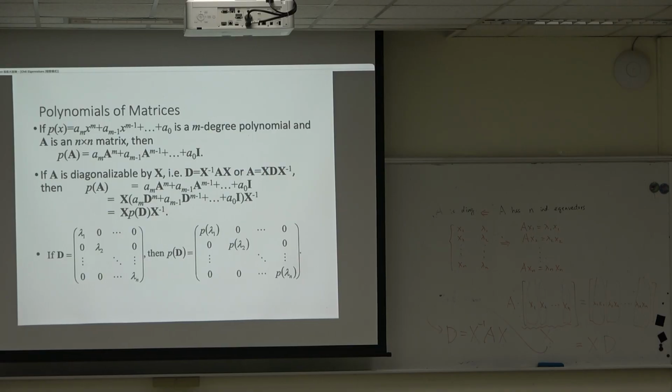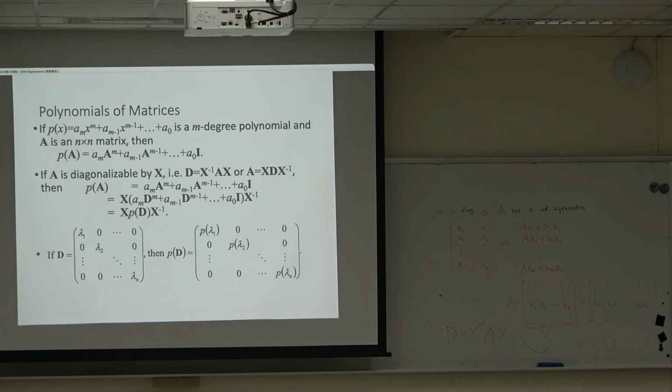And you will be surprised to find that X inverse and X cancel out. This cancels out, this cancels out, this cancels out. So effectively, it becomes a_n X D to the power of n X inverse. That's the first term; the other terms have similar logic.